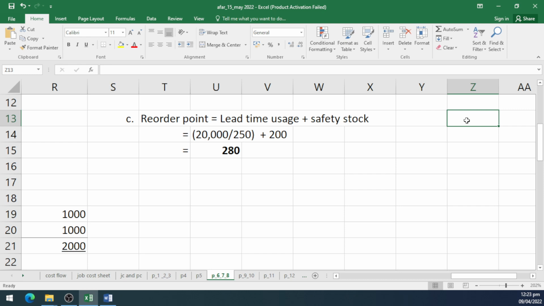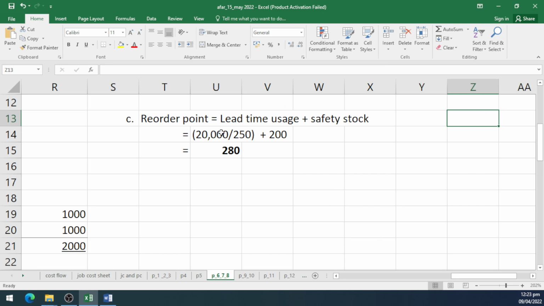Yung reorder point is yan po yung inventory level that will trigger the company to place the order na, no? So, kung ganyan na yung level ng inventory mo, 280, halimbawa, kailangan mo na mag-place ng order 5 araw bago dumating yung order, that's the lead time usage, tapos may safety stock na 200.